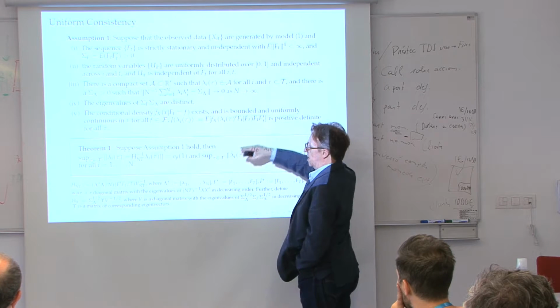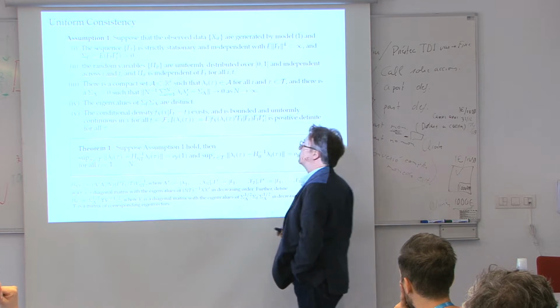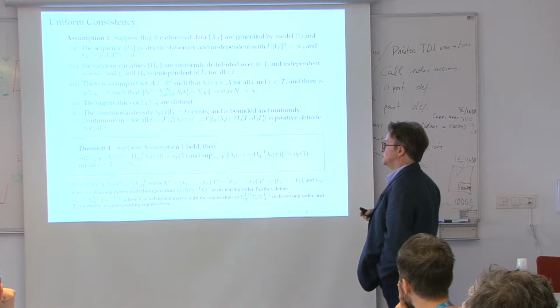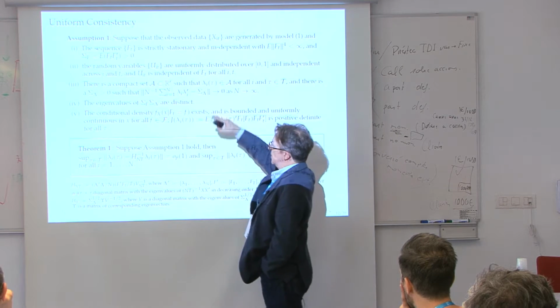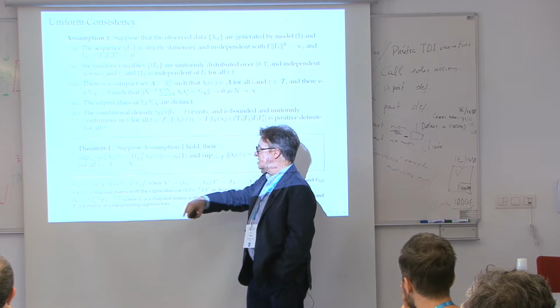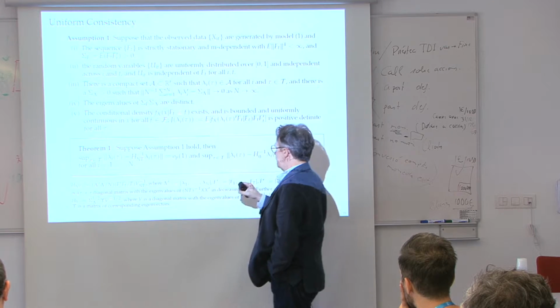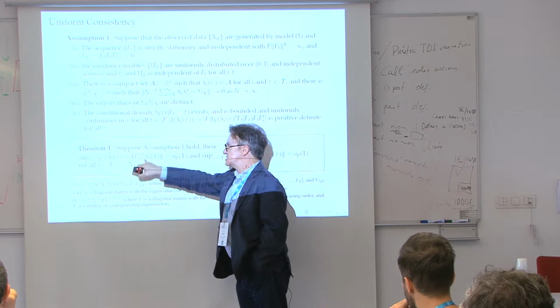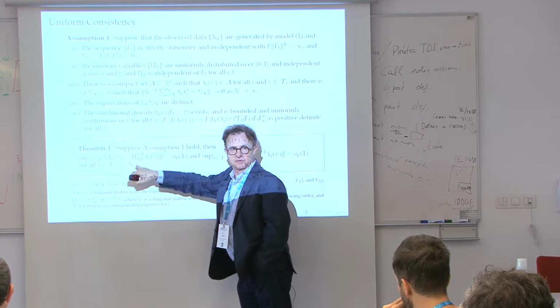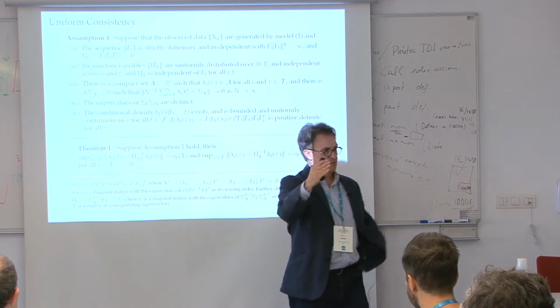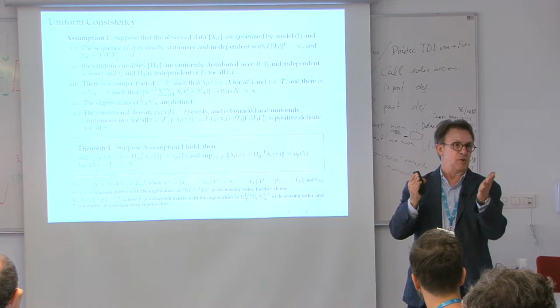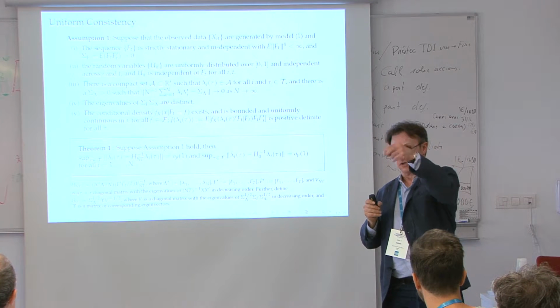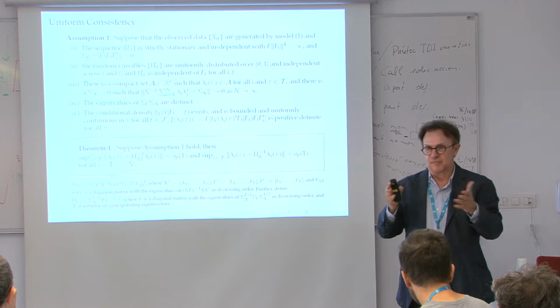So the first result, which is one of uniform consistency, is that if you do this two-stage procedure, you get uniform consistency up to a matrix, which is this rotation matrix, which you will later on identify imposing restrictions, like in the structural VAR models.